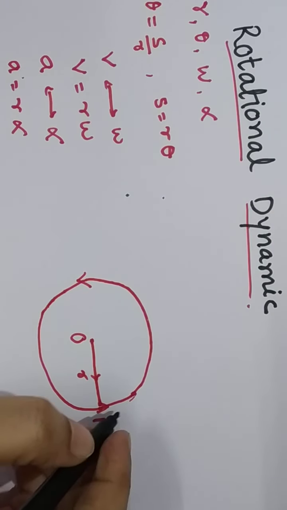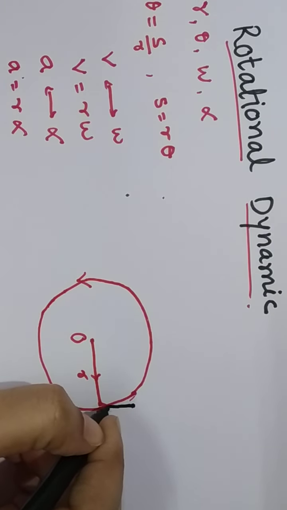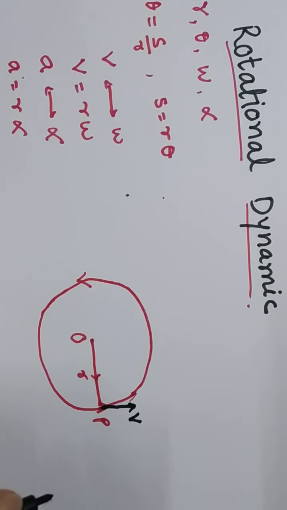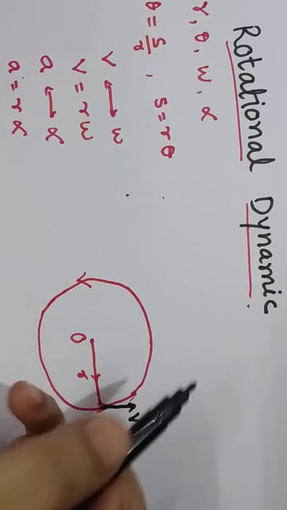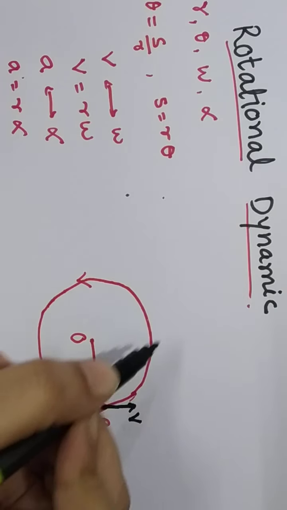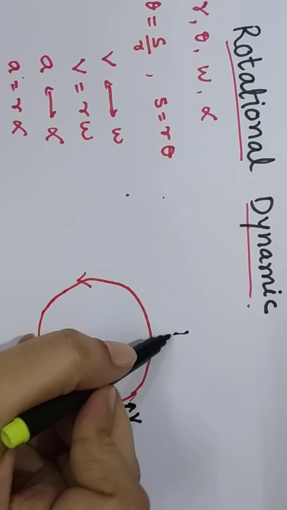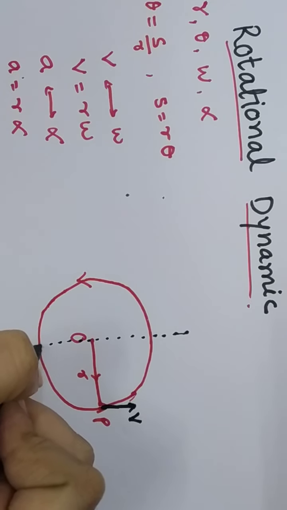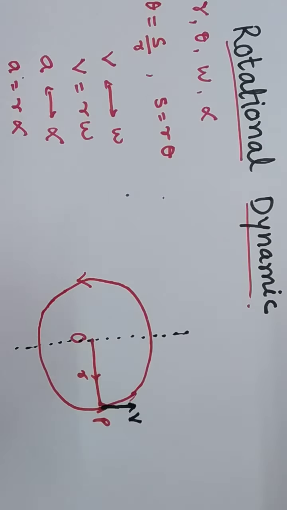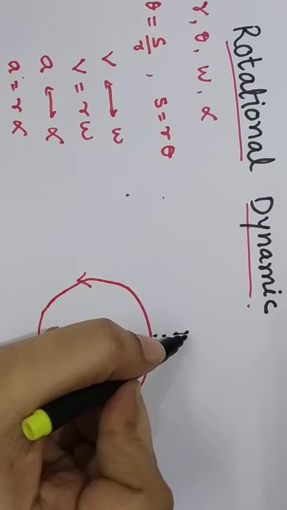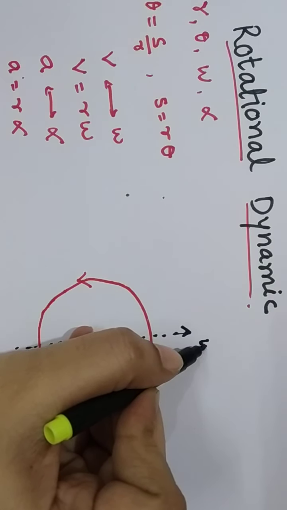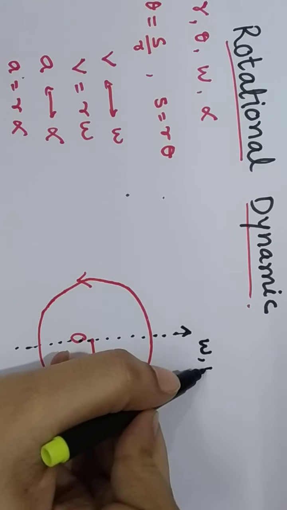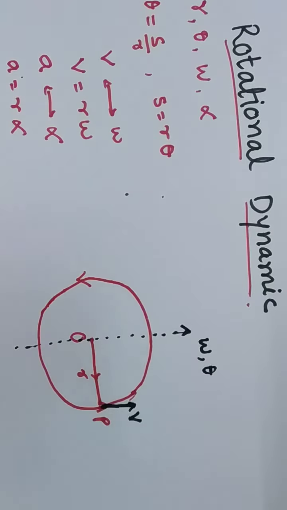So at this particular point, linear velocity is directed along this direction. And the direction of angular velocity cannot be shown on this circle. I will draw the axis of rotation of this circle, which is perpendicular to the plane containing the circle. So angular velocity will be directed as per the right hand rule. Angular displacement and angular velocity are directed along this direction.